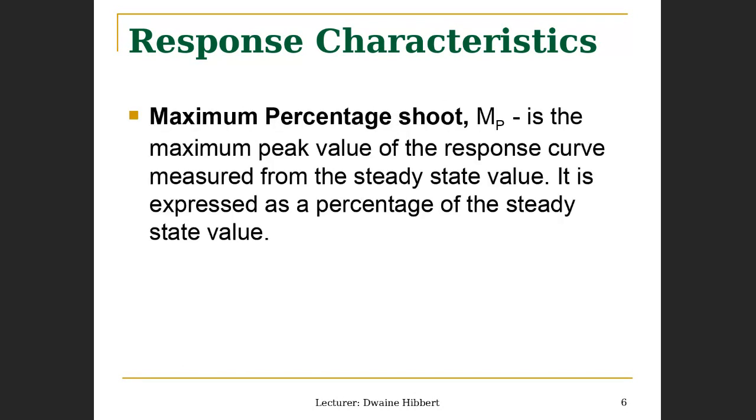Maximum percentage overshoot, M subscript P, is the maximum peak value of the response curve, measured from the steady state value and expressed as a percentage of the steady state value. How much did you exceed your steady state value? That is basically the maximum overshoot: the maximum point at which the system response went above the steady state value.